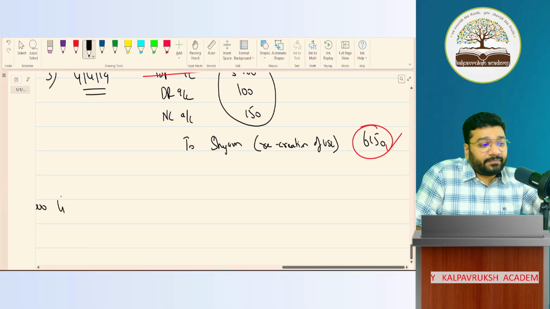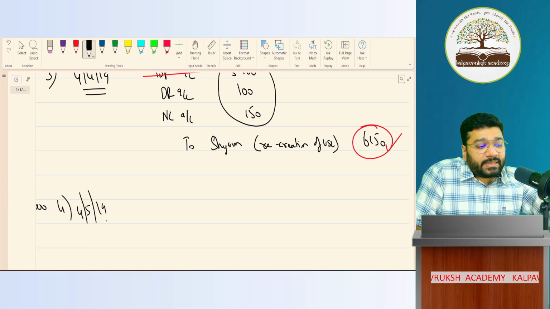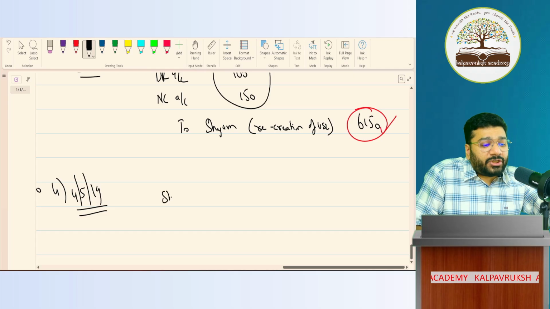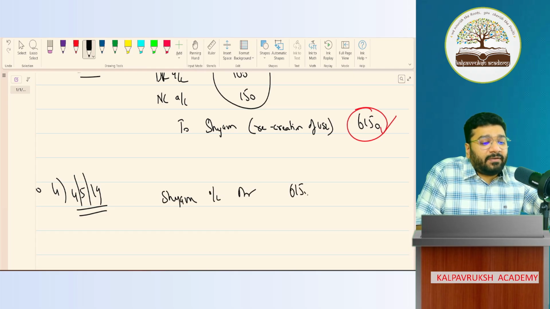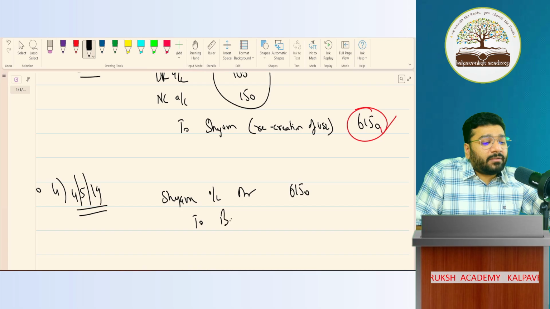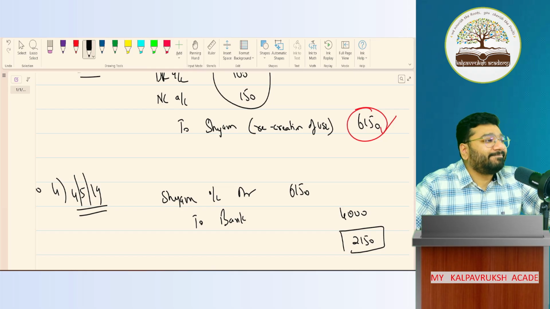Tell me, people. On 4 May 2019, what entry will come? Sir, Sham account, I will close fully by giving a debit 6,150. Correct, no? To what bank? How much money? 4,000 we are paying. Upon a balance 2,150, what to do?